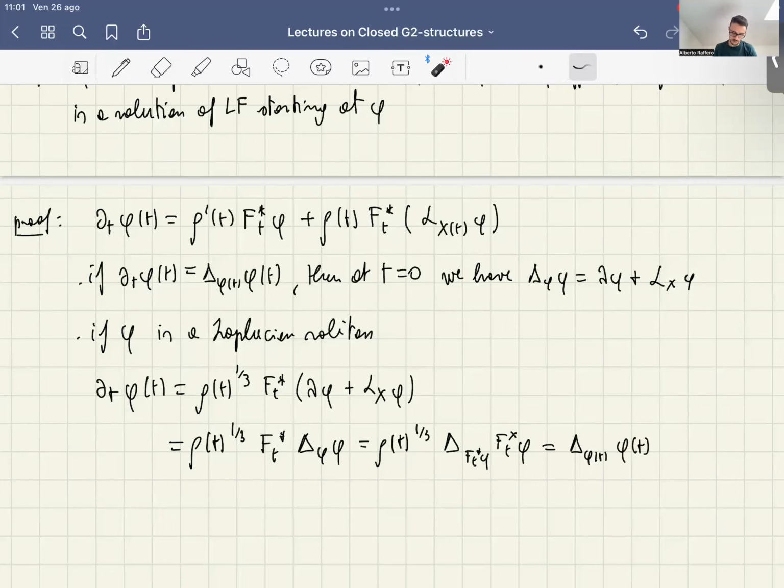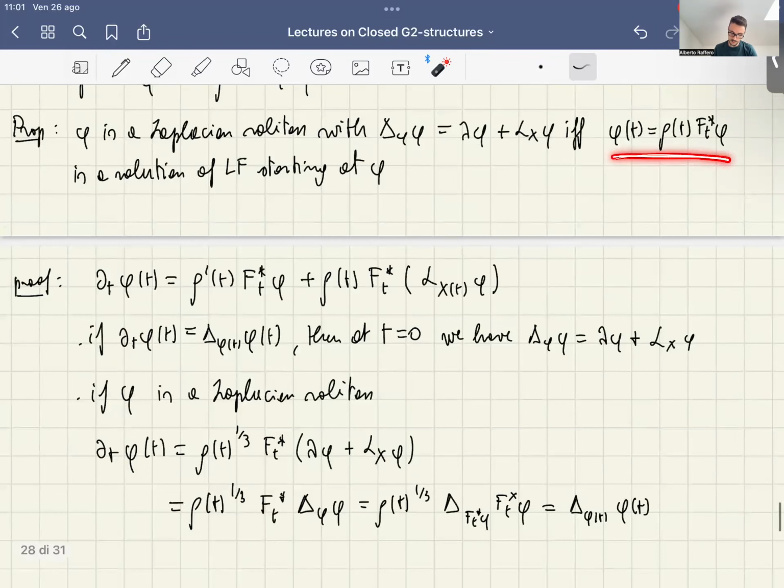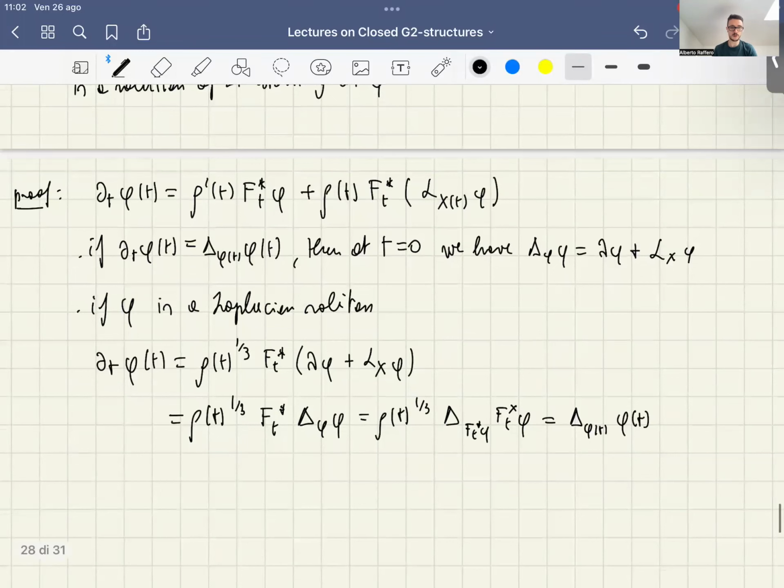And so in particular, if you have a Laplacian soliton, then the evolution equation of this family of three-forms is precisely the evolution in the direction of the Laplacian. So it is precisely the Laplacian flow.